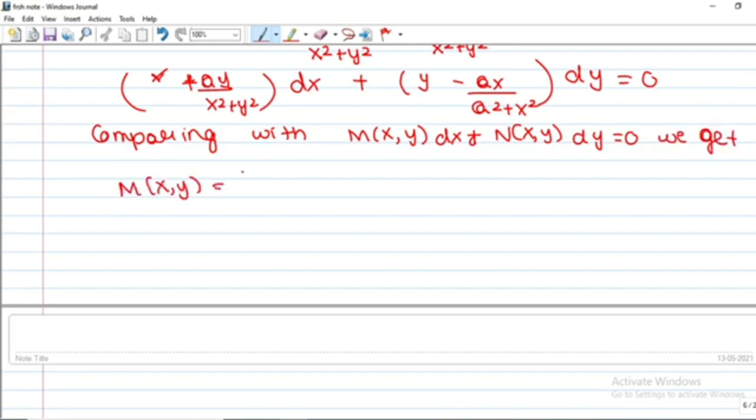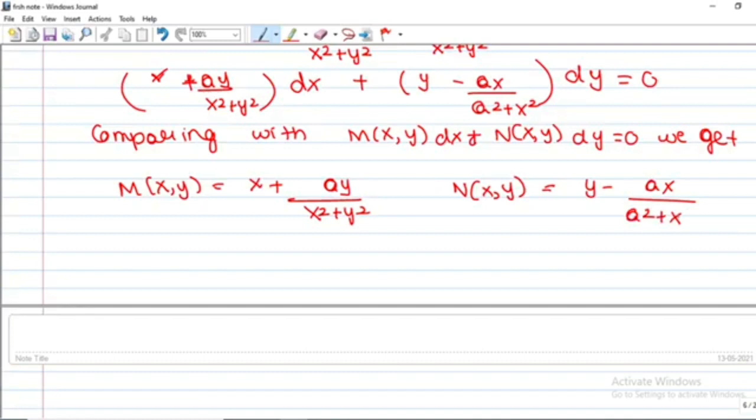What is M of x comma y? M of x comma y is nothing but x plus ay upon x square plus y square, and N of x comma y is y minus ax upon x square plus y square.